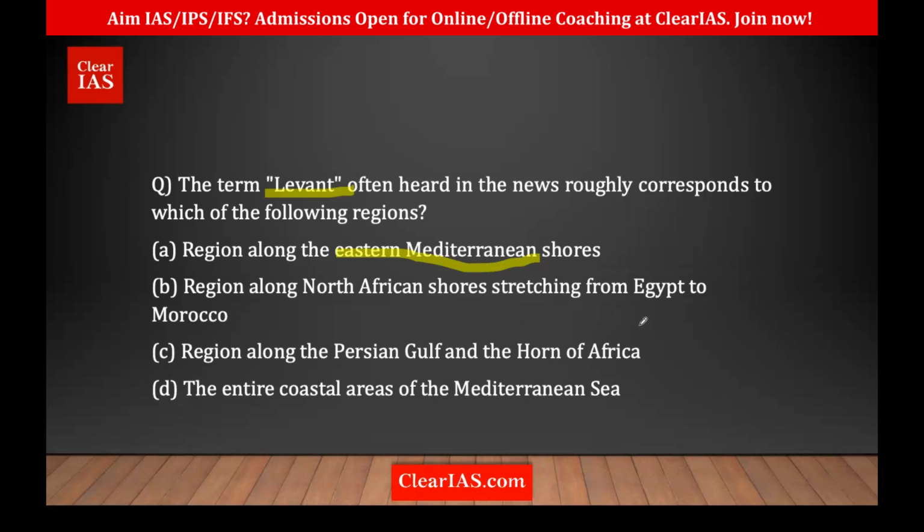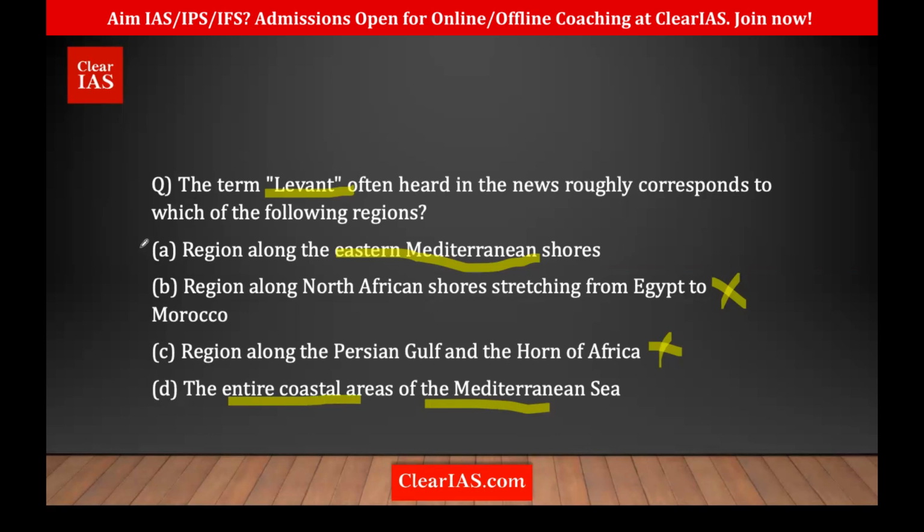So I've already told you UPSC's favorite area is the Mediterranean shore. So you can eliminate all the options which do not have Mediterranean Sea. I'm just eliminating these two. Then there is Eastern Mediterranean Sea and the entire coastal area of Mediterranean Sea. Another thing which I've told you is UPSC's favorite area is the eastern part, that is Syria, Israel, that region.